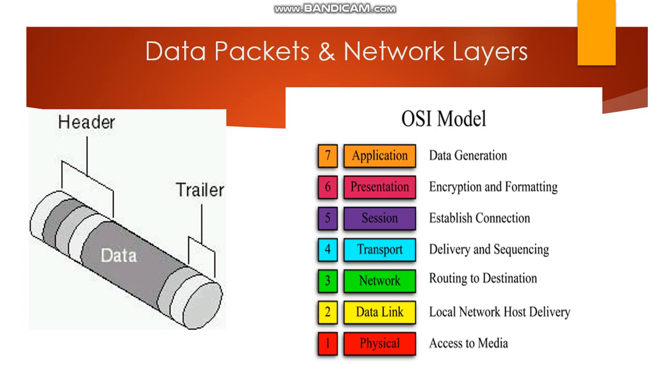Oftentimes with firewalls, we're concerned about the network layer, where packets carry info about where they come from and path determination. And also the transport layer, which has segments with end-to-end connection. What's really important about the transport layer is that it gauges the reliability of data by checking for missing packets.